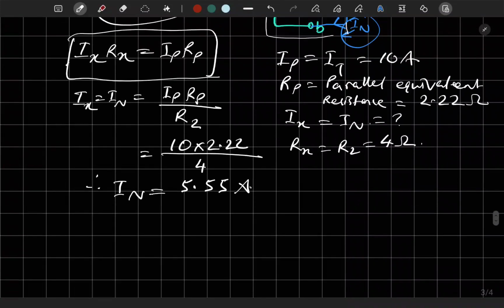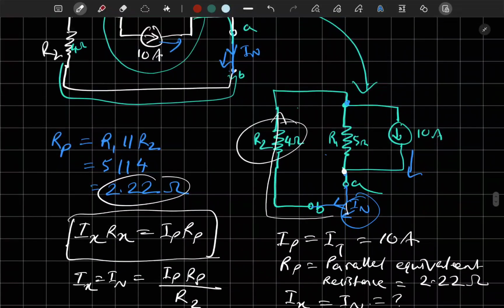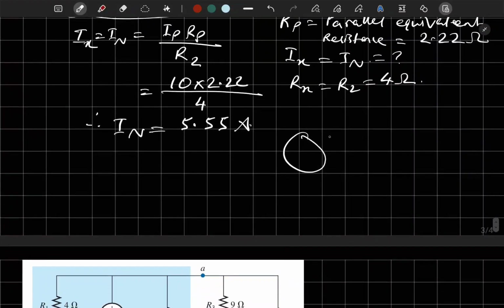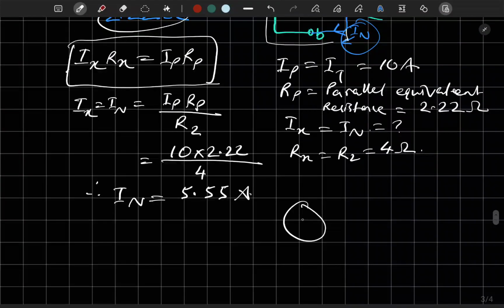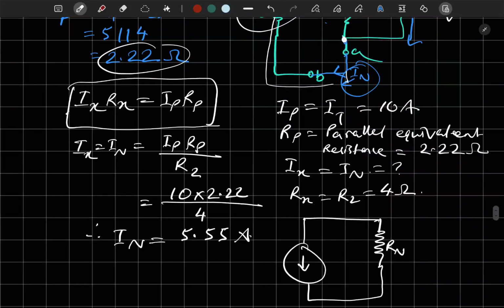We have everything. Now we can just draw the equivalent Norton circuit, which will be a current source. Now which direction will the current source be? Same direction as the original source. The original source was pointing downwards, so the current source will also point downwards. And we have the Norton's resistance Rn.